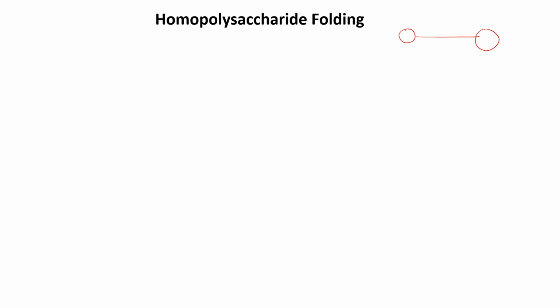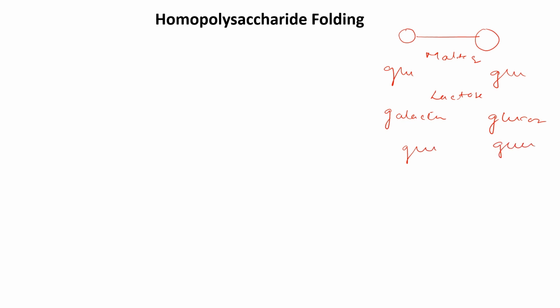For example, disaccharide. If it is a structure of maltose, then one glucose is linked with another glucose. If it is a structure of lactose, then one galactose is linked with glucose. Correct. If we talk about starch, then amylose and amylopectin consist of glucose units.